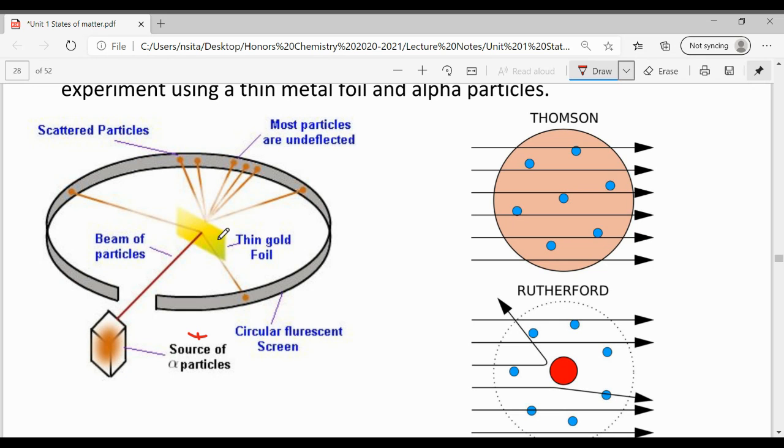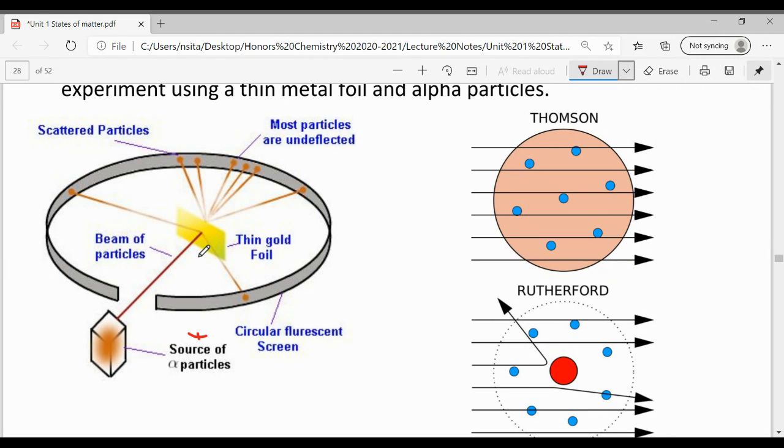Now, if Thomson's plum pudding model is correct, the positive beam should be shooting right through the atoms. It should deflect slightly, because this is a sphere of positive charge. It is not condensed. It's just a sphere of positive charge. What he found is something different: most of the alpha particles, the positive charge, just went right through.